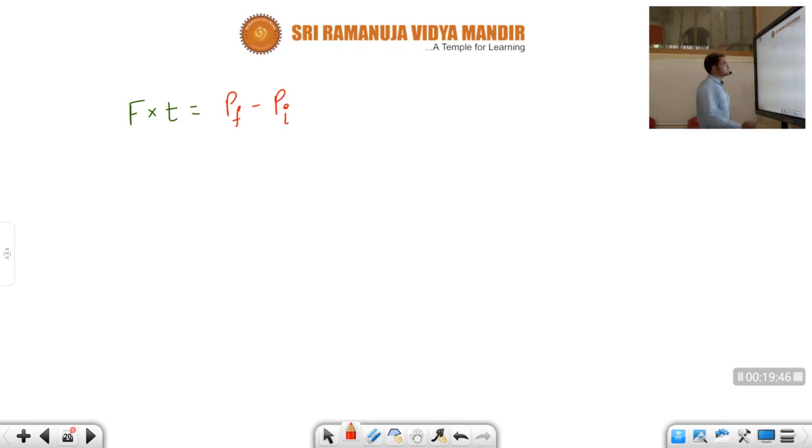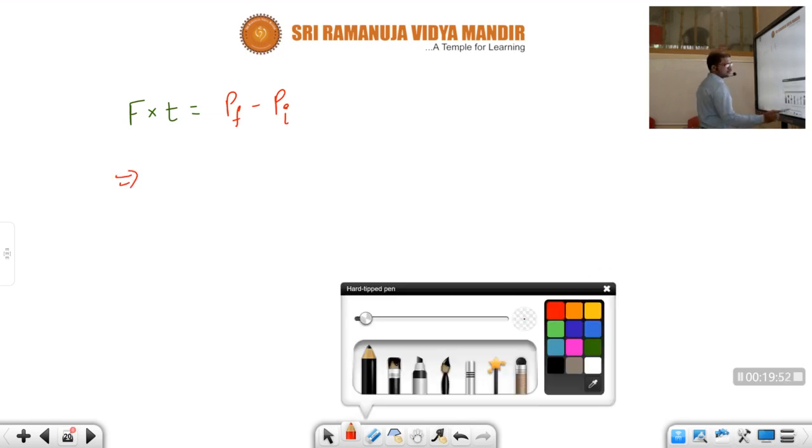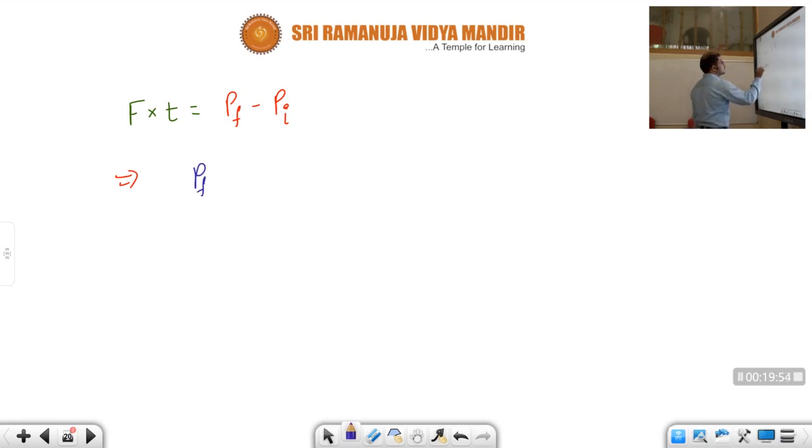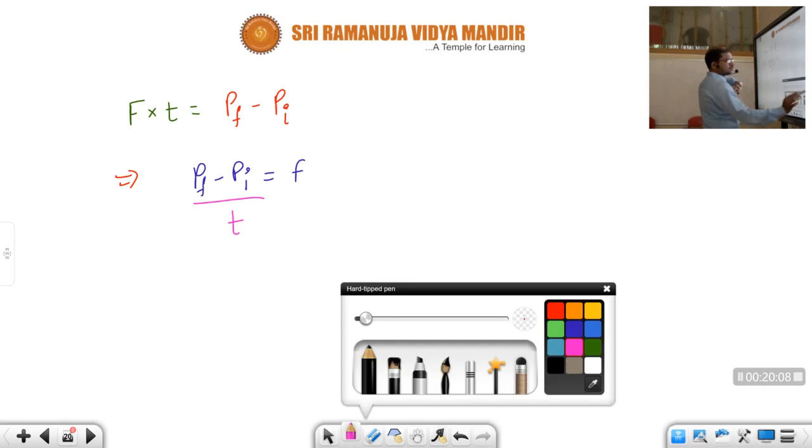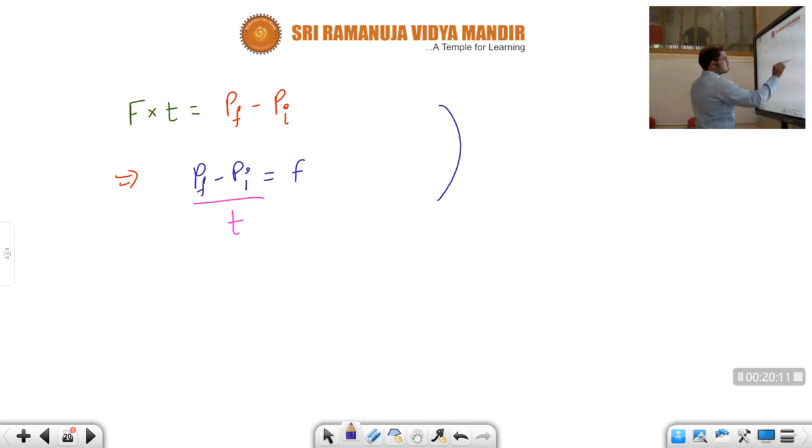So from here we can write Pf minus Pi is equal to F into T. In this case, when the ball is reaching the palm, let us consider this is the surface where it is about to fall, and the ball is about to hit this palm. It is coming with some force.